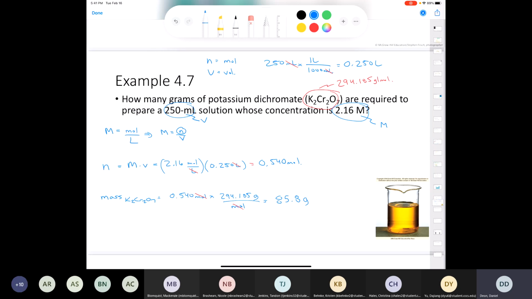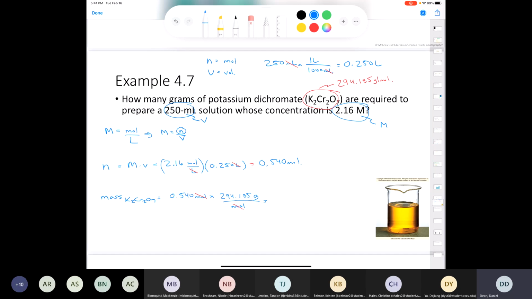Let me double check my math here. Oh, I must have punched it into my calculator incorrectly. Sorry about that. Can you guys double check my math for me?